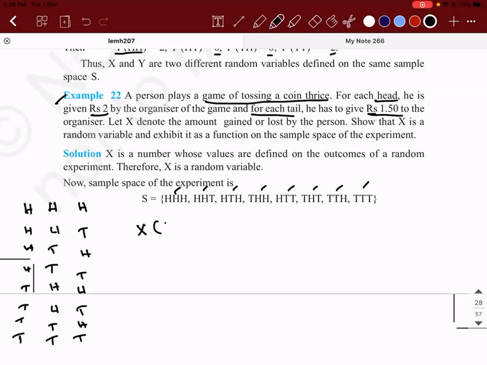So if I take X of HHH, what will I get as the answer? The random variable X says the amount gained or lost. Getting 3 heads successively, is he paid money or does he have to pay money?